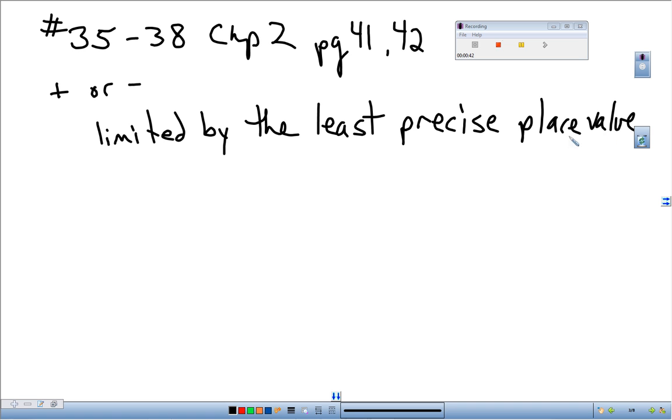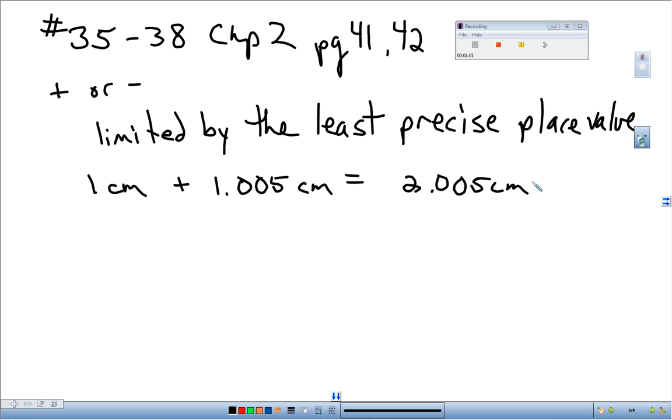So, if I have 1 centimeter and I want to add 1.005 centimeters, what do I get? My answer is 2.005 centimeters, but now I need to round it to how many sig figs?